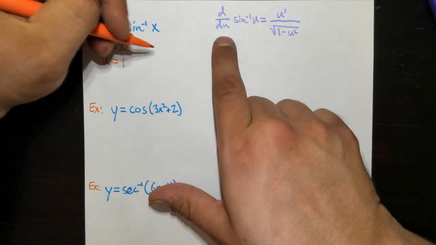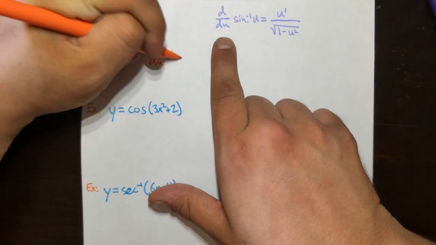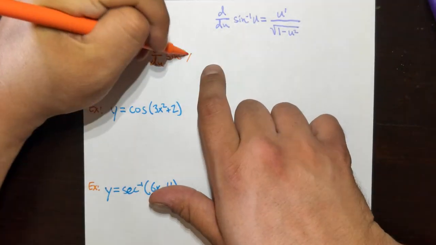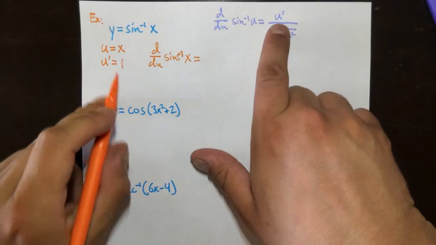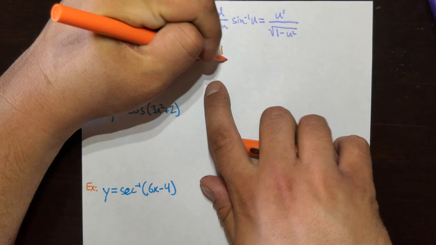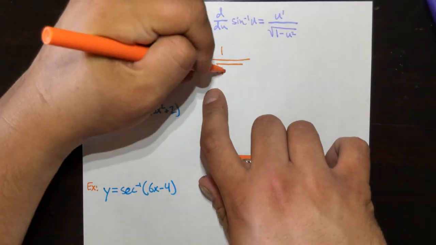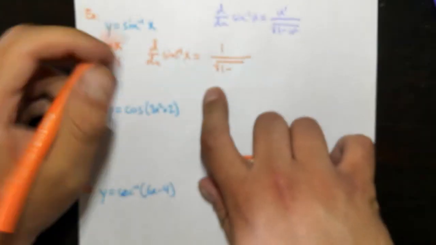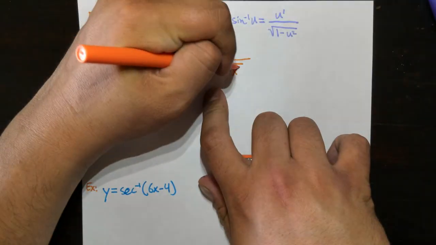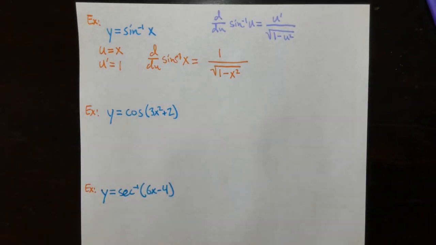So the derivative of arc sine of x is equal to u prime, which is 1, over the square root of 1 minus u squared, and u is x, so it's just going to be x squared. And that's the derivative of arc sine of x. All right, let's go on to the next one.